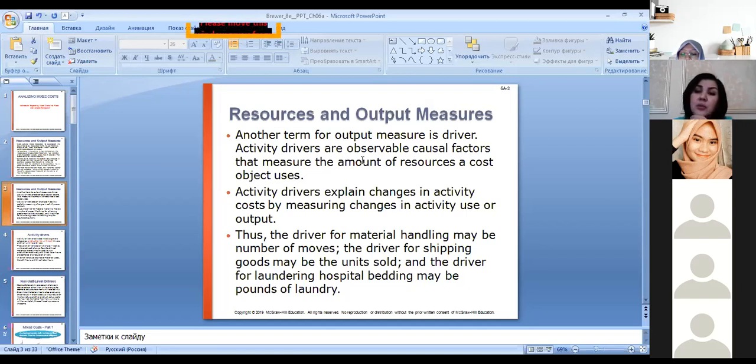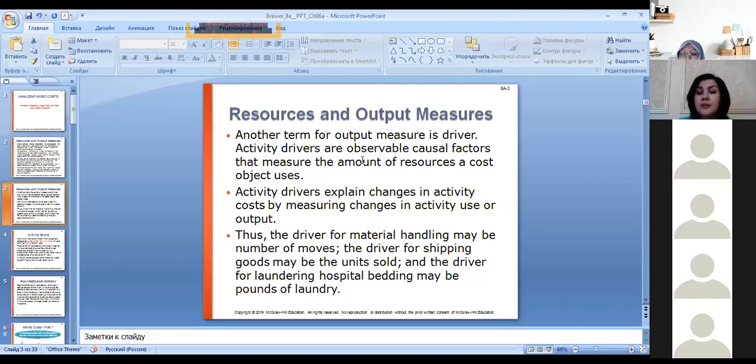And actually, what causes this material handling cost? The number of moves. How many times did workers move from the storeroom to the production department? How many moves did each production department take actually?